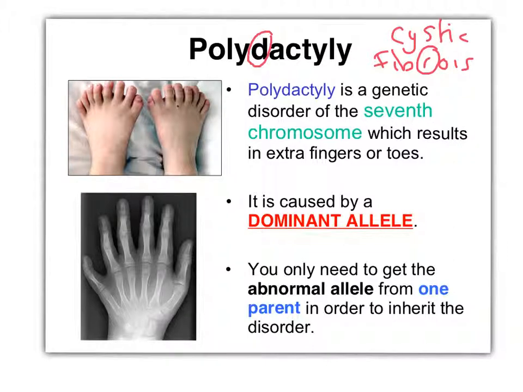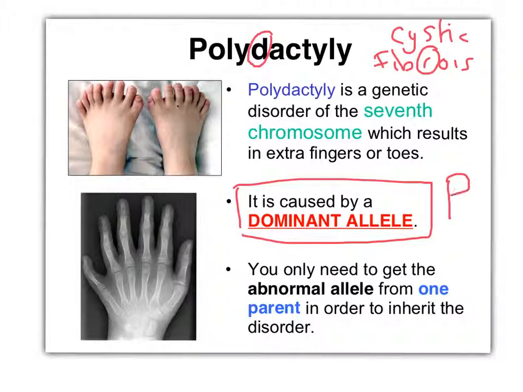So hopefully that will help you remember it. So remember, if it's caused by a dominant allele, we'll give it a capital P to show that just getting one copy of the defective allele will give you the disease. So you just need one abnormal because it's caused by a dominant allele.